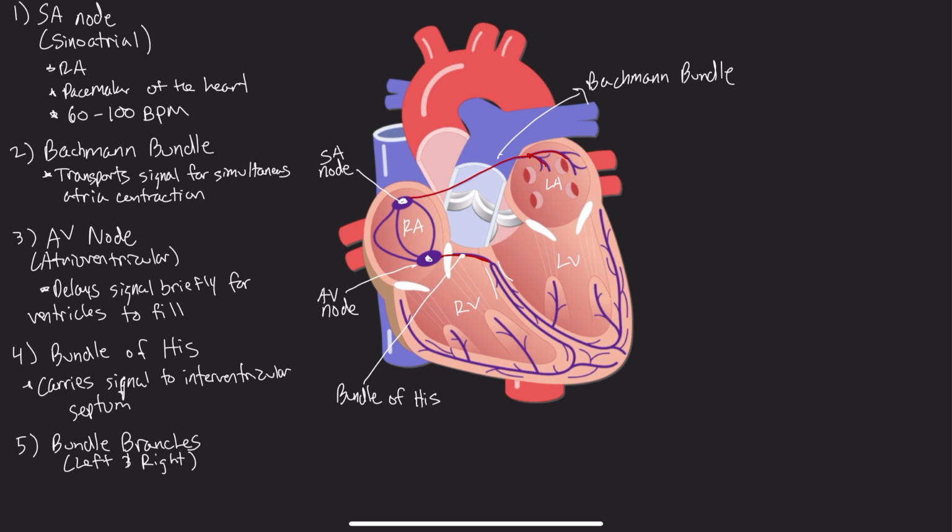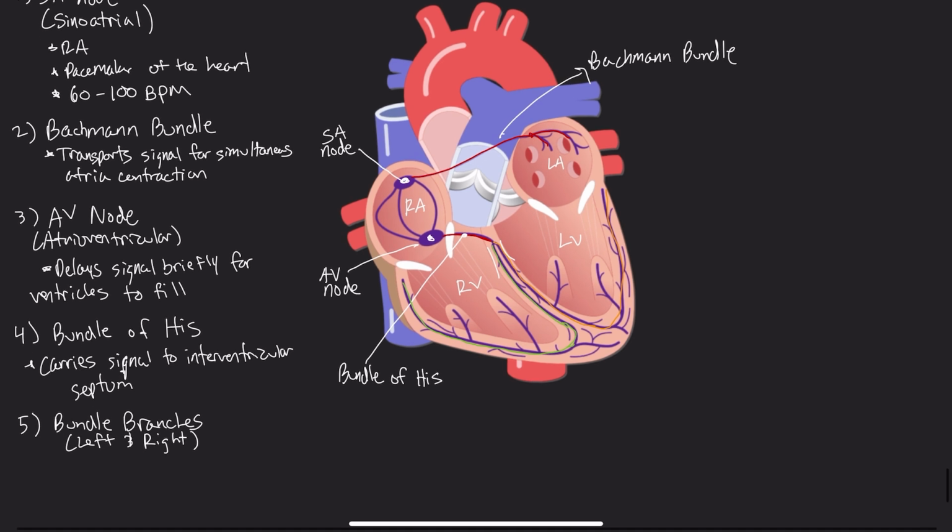So the right bundle branch is going to be this in here, all the way down, loop around. There's your right bundle branch, and your left bundle branch is this one here. We'll do in yellow or orange. Okay, so those are your right and left bundle branches.